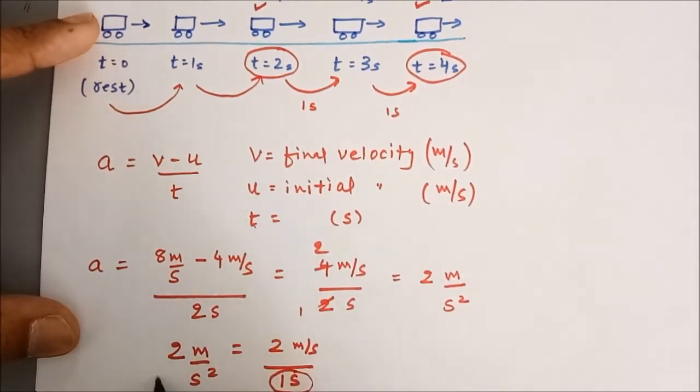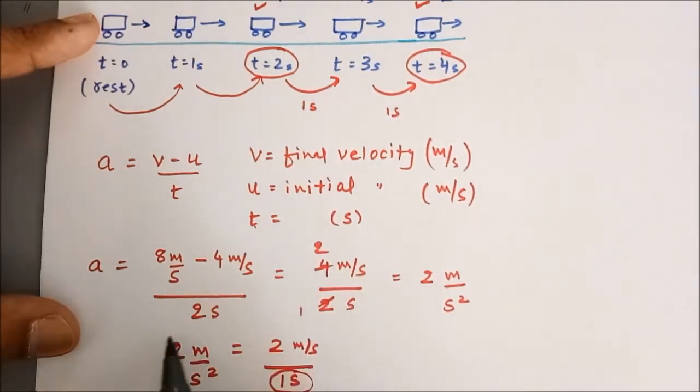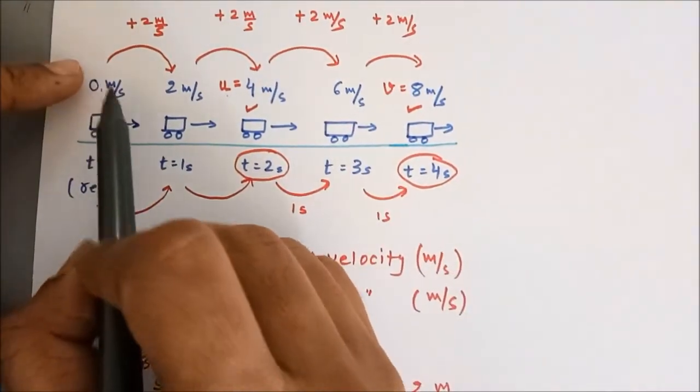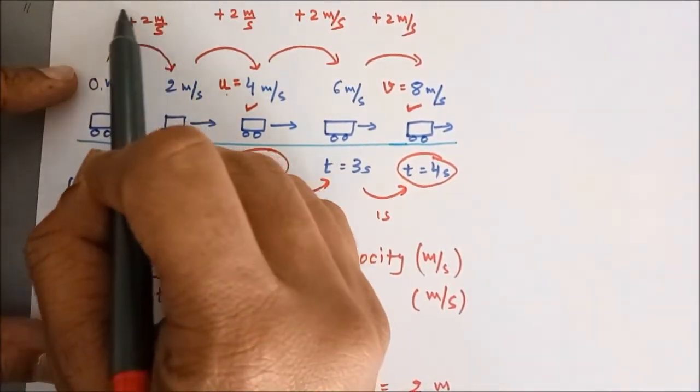So 2 meter per second square is the acceleration of the car. So 2 meter per second square means after every 1 second there is an addition of 2 meter per second in the velocity, which is very clearly shown over here. So if there is an addition of 2 meter per second after 1 second, the acceleration is 2 meter per second square.